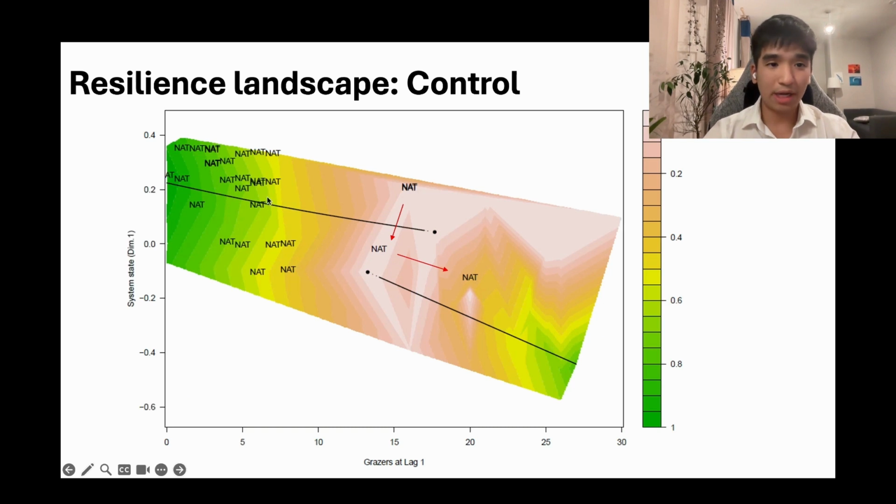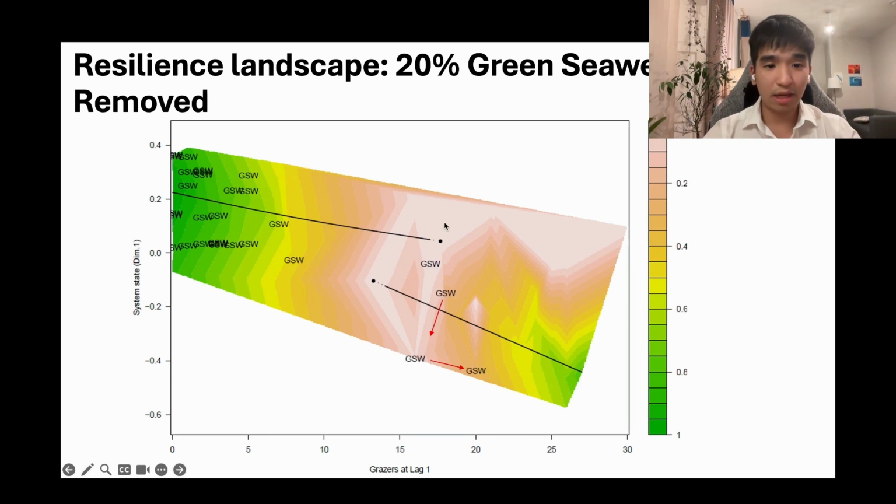We have 2 fitted attractors, and when we put our natural change, you can see that there's no real change. Most of them are stuck in this upper resilience zone. There's one replicate where grazing pressure increases and then it falls to the lower attractor. This is the same pattern that we see when we remove 20% green seaweed. Most of them, there's no real change. It's clustered around this upper resilient attractor.